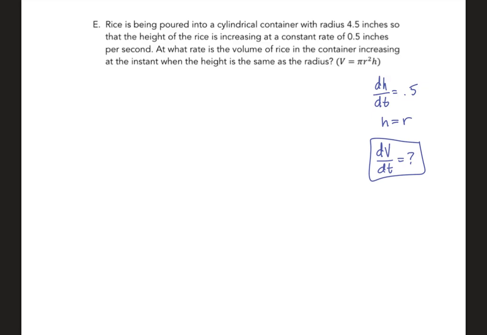So let's draw a picture, and then I'm going to revise this once we draw the picture. Okay, so we've got a cylindrical container. Rice is being poured in this. It's kind of acting like a liquid being poured in there.